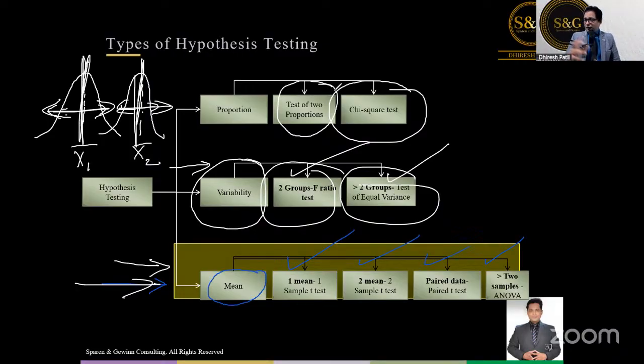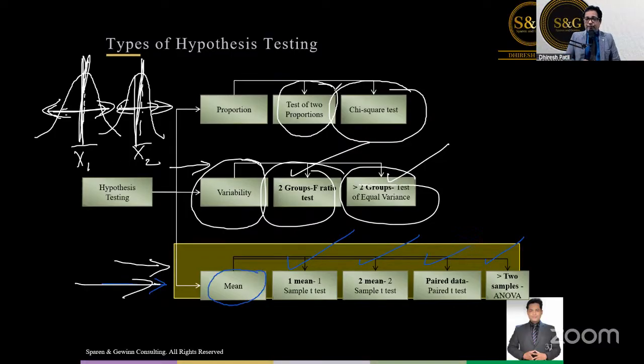Let's change the vendor. We will collect the data from both vendors and check whether there is any real statistically significant difference between these 2 vendors' delivery time. Then we go for 2 sample t-test. We'll collect vendor A data, vendor B data, and compare. If we have more than 2 vendors, we'll go for ANOVA. Clear? This is how you have to do it.